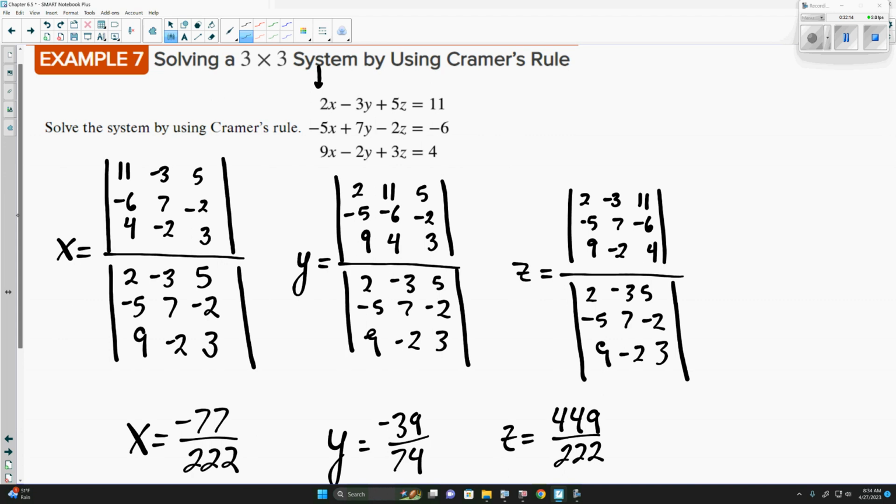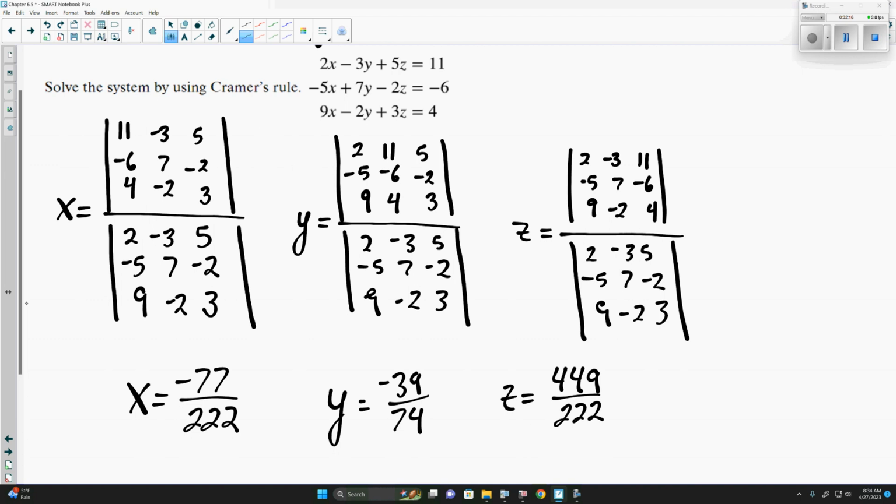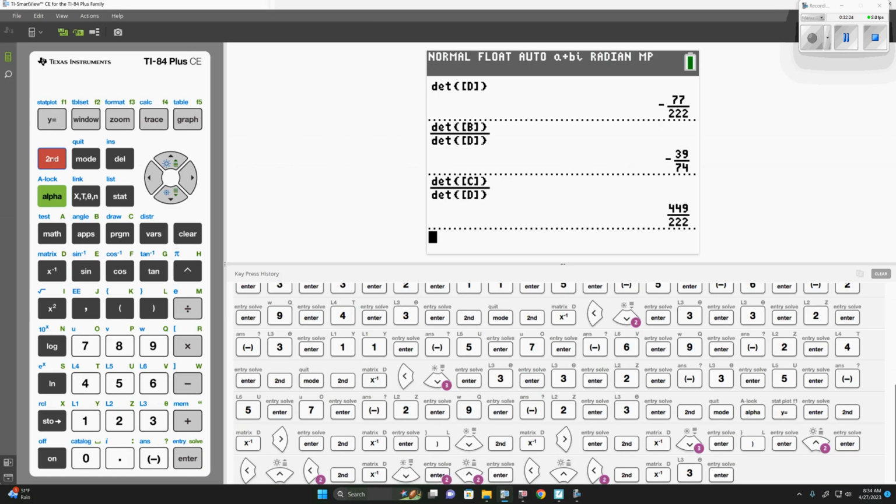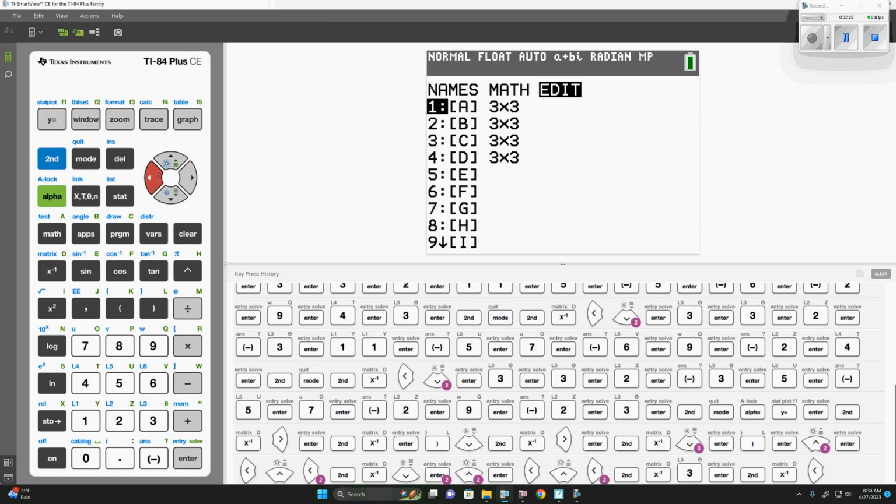And if, like these here, you don't feel like these are the right answers, 11, negative 6, 4, because we can always go back and check.